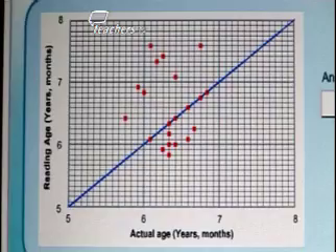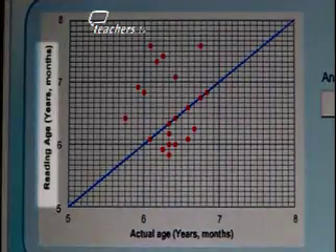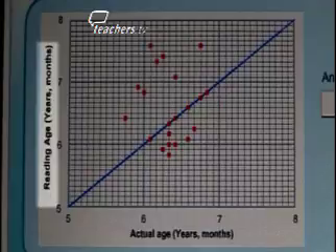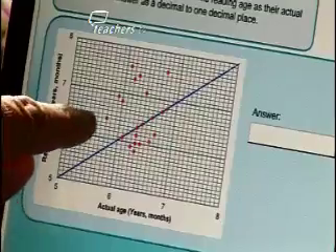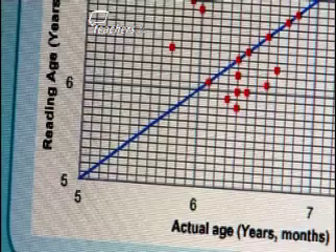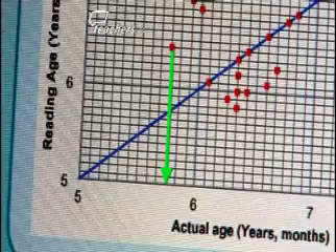And the reading age is on the vertical axis, also with 12 minor lines. If we look at a point on the scatter graph that's an actual person, we can see that the actual age is 5 years and 9 months, and the reading age is 6 years and 5 months.